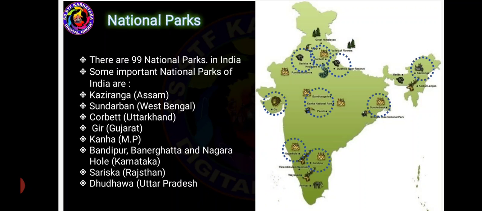Some of them are Kaziranga in Assam, Sundarbans in West Bengal, Corbett in Uttarakhand, Gir Forest in Gujarat, Kanha in MP, Bandipur, Bannerghatta and Nagarhole in Karnataka, Sariska in Rajasthan, Dudhwa in UP, Tadoba in Maharashtra.